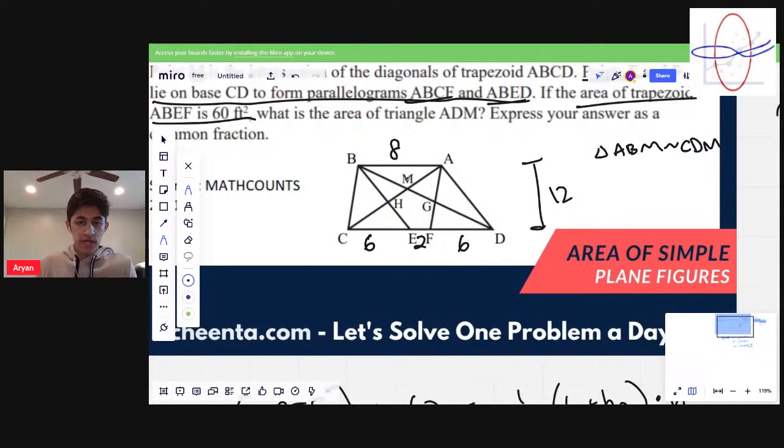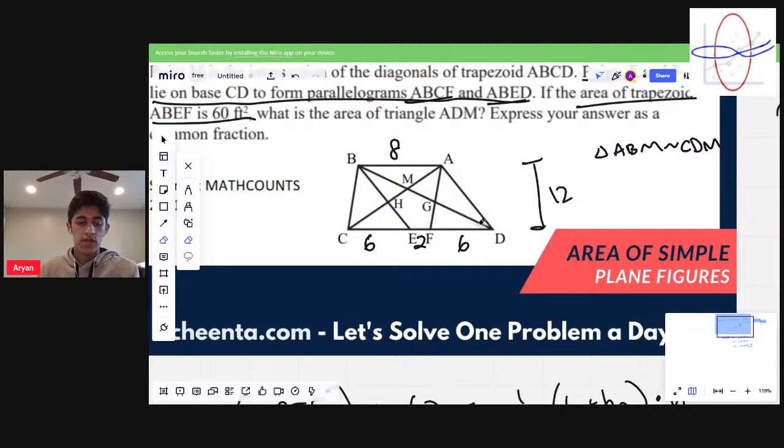You can see this because this angle right here is equal to this angle due to alternate interior angles. And similarly, this angle here is equal to this angle. That's enough to tell us by angle-angle similarity that the two triangles are similar.